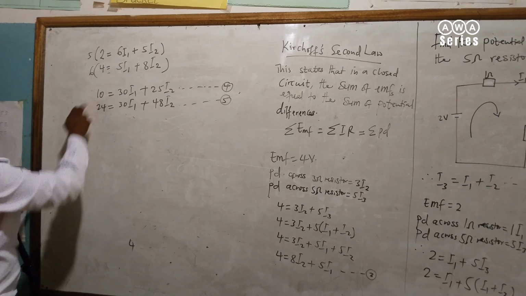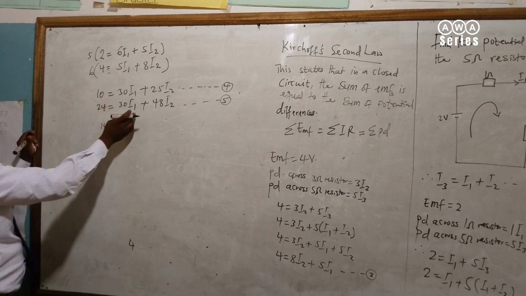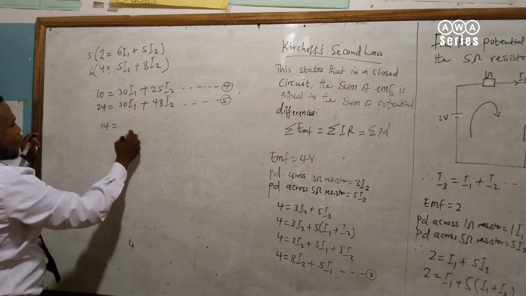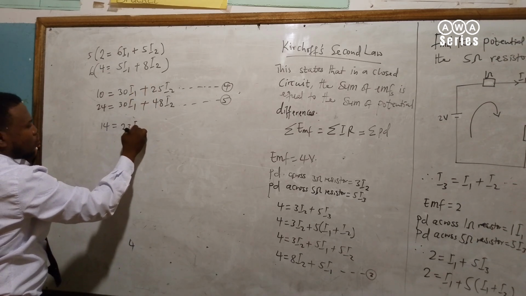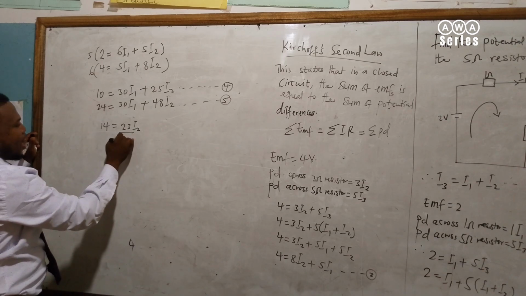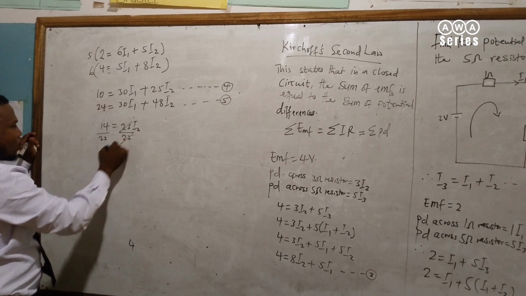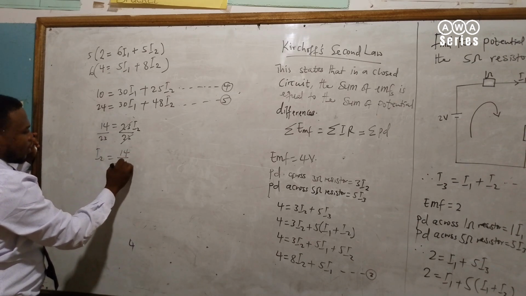So 24 minus 10 gives us 14. 30 minus 30 is 0, so every part here disappears. 48 minus 25, you have 23I2. Divide here by 23, here by 23. 23 will cancel 23, so I2 gives us 14 over 23.